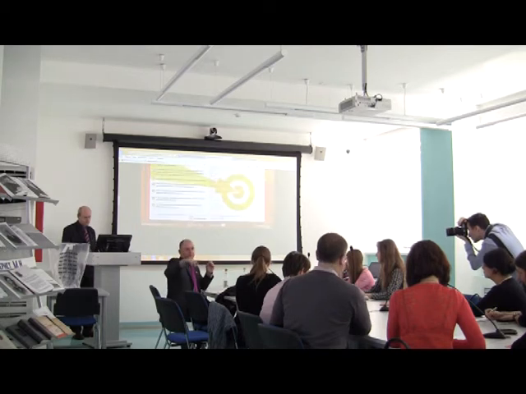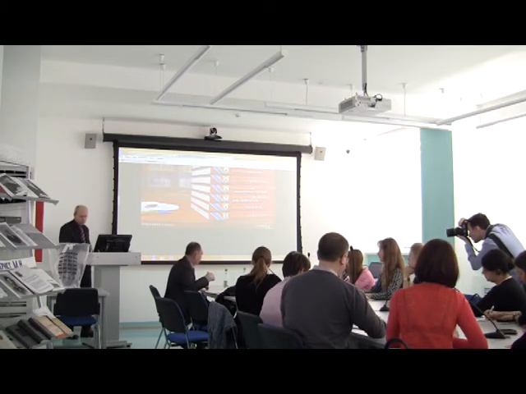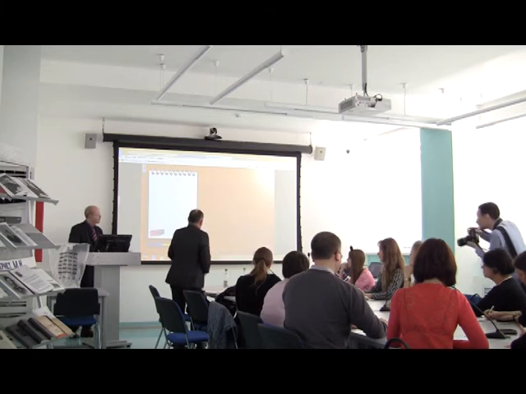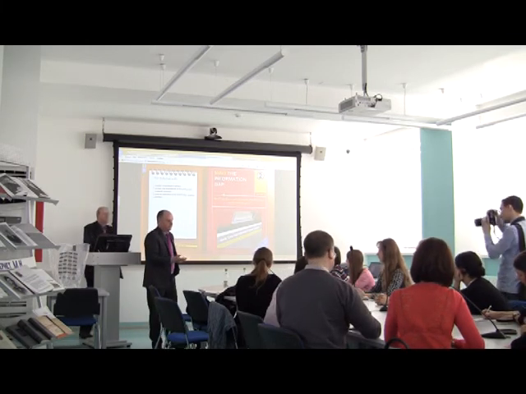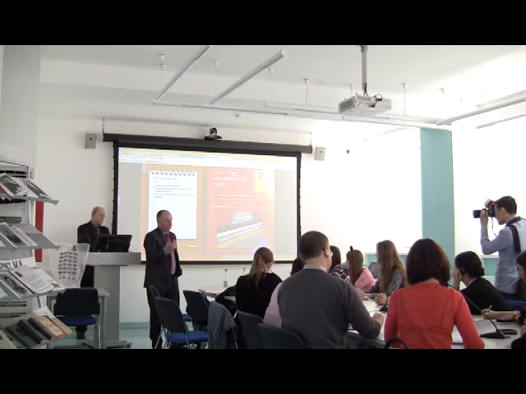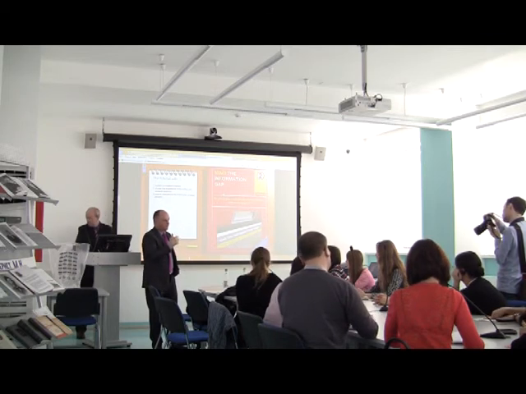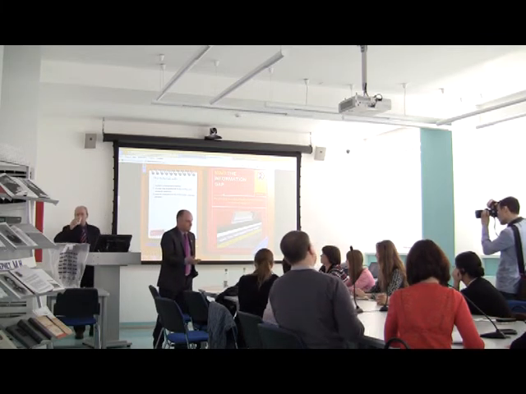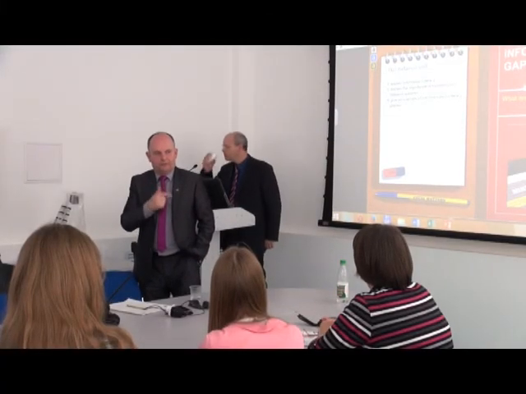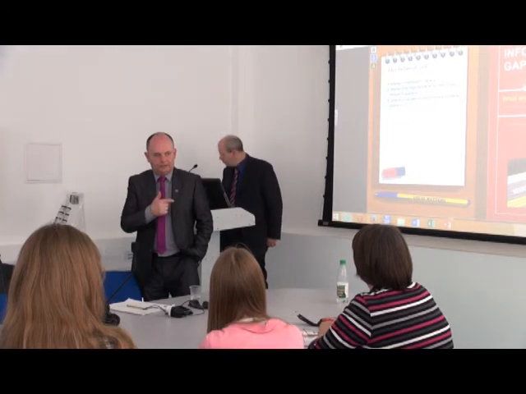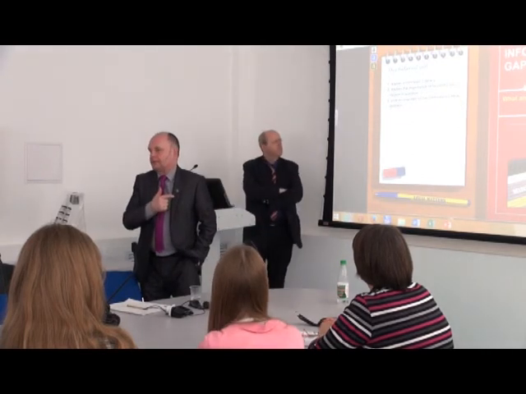Just going back to what we were saying, this information might seem obvious to lecturers, or it might seem obvious to master's students. But when you're an undergraduate student and you come in the first day into college, you don't know this stuff.